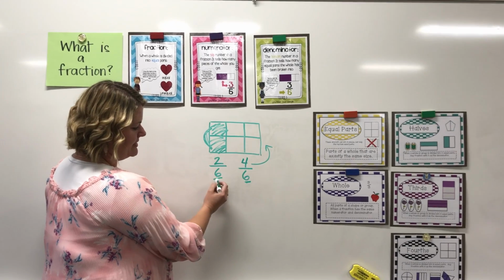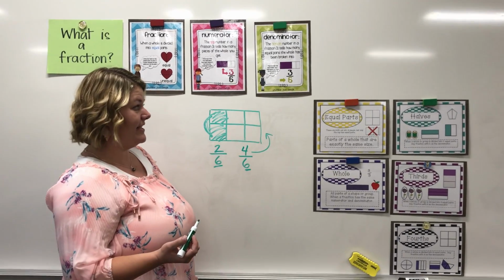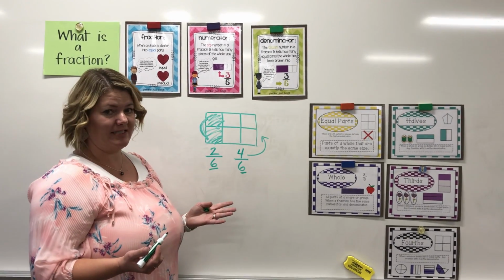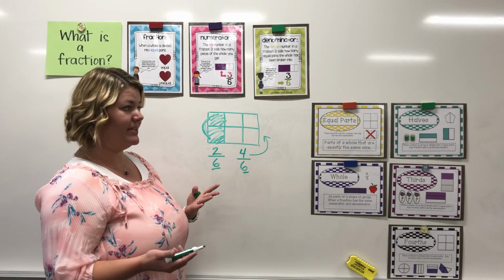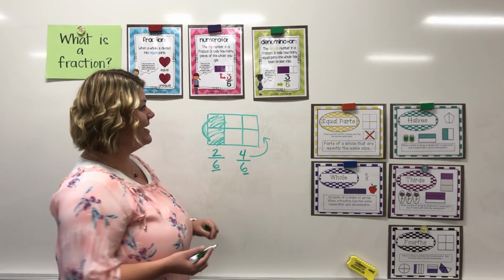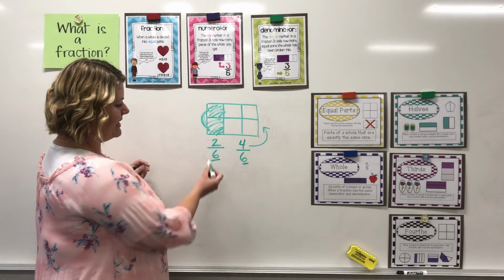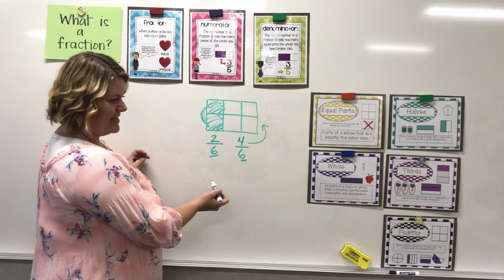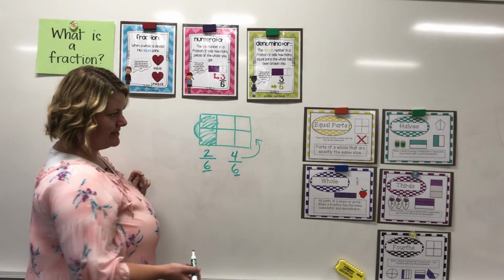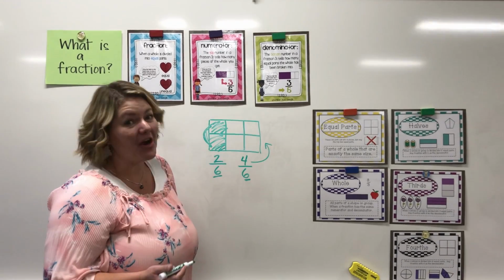But the denominator stays the same because the number of pieces didn't change, just the number of pieces we're talking about changed. So that's read 2/6 or 4/6. Sixths are hard to say.